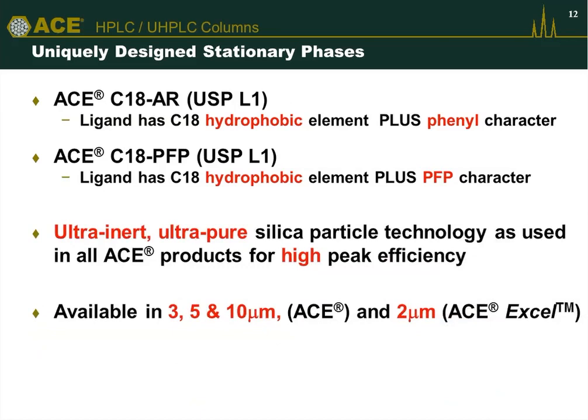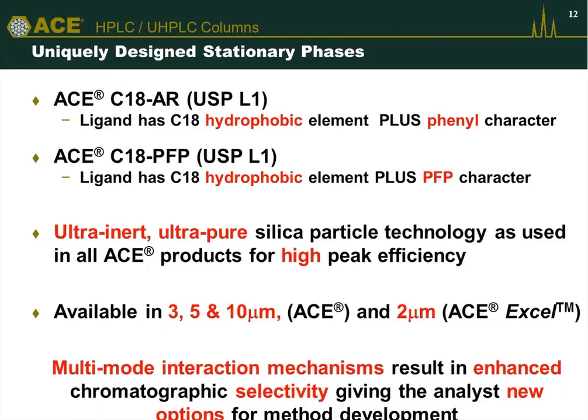Now, these new stationary phases are based on very pure silica, the same silica we use across the whole ACE range, which is very high quality, gives very good peak shape. And these two new stationary phases are available in HPLC particle sizes and also UHPLC particle sizes as the ACE XL.